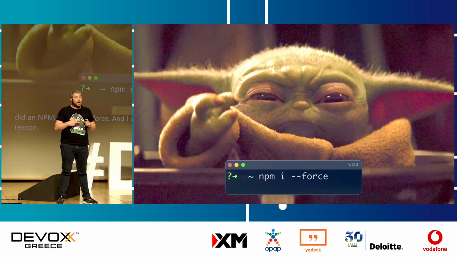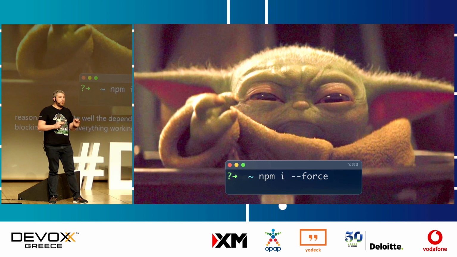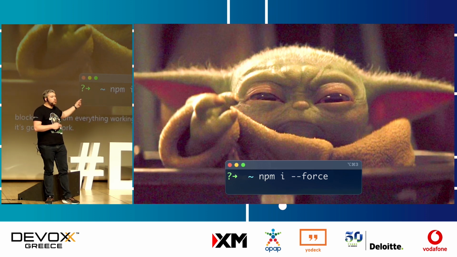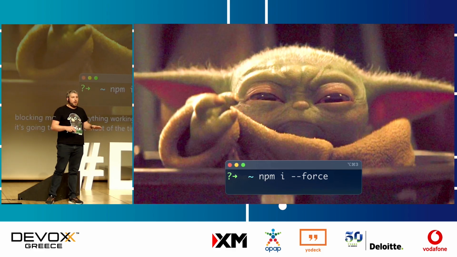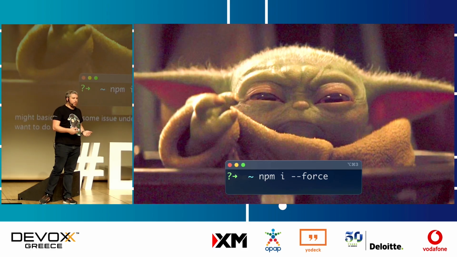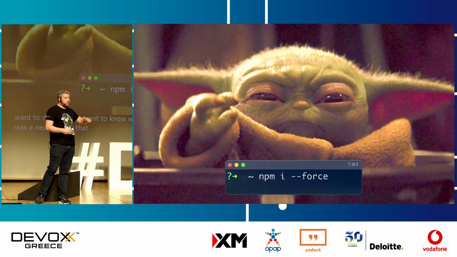I was sure that was the last one blocking me from everything working. So I was like, I can try it. I'm pretty sure it's going to work. But most of the time, you shouldn't use that because you might hide some issue under the carpet doing that. You want to know what's happening when you migrate. But it was a neat trick in that case. And it worked. And I didn't need to use it anymore after that.